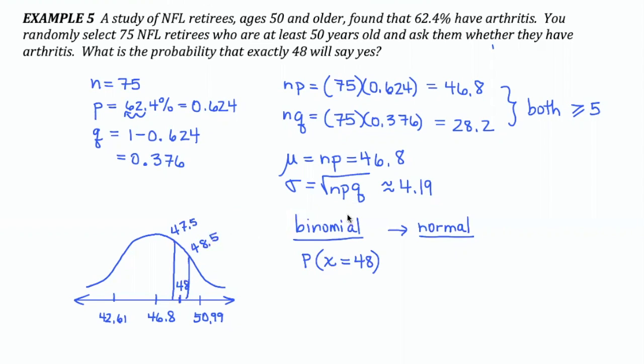If I want to calculate exactly 48, I'm looking to calculate between these two values. So this probability is equivalent to 47.5 less than x less than 48.5, or in other words, that x will be a number between 47.5 and 48.5. In this case, you're going to need a z-score for each of these two values.